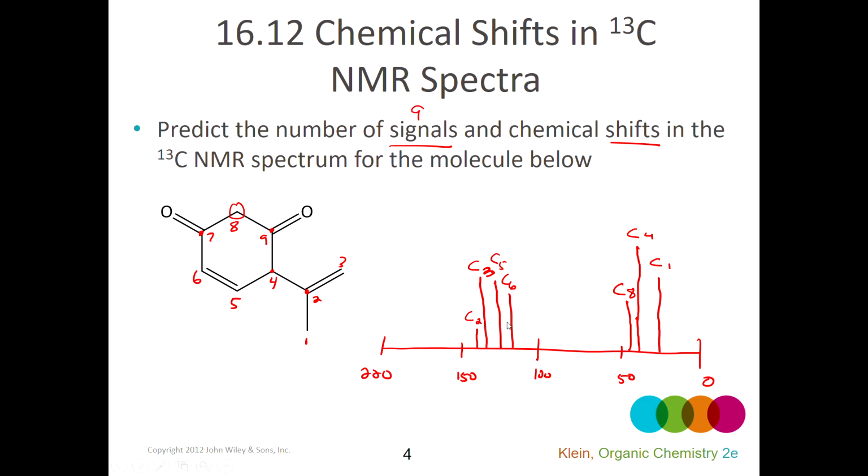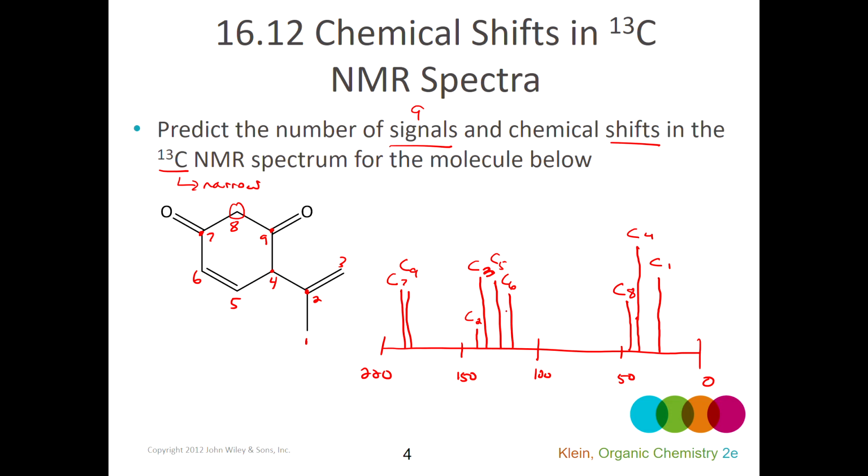And then carbon 7 and 9 are very similar, and they are directly double bonded to an oxygen, and so they'll appear closer to around 200. They're not identical, so they might be right next to one another, but since in the carbon 13 NMR there's no splitting, where there's not going to be any doublets or triplets, and the peaks are quite narrow, they shouldn't be overlapping.